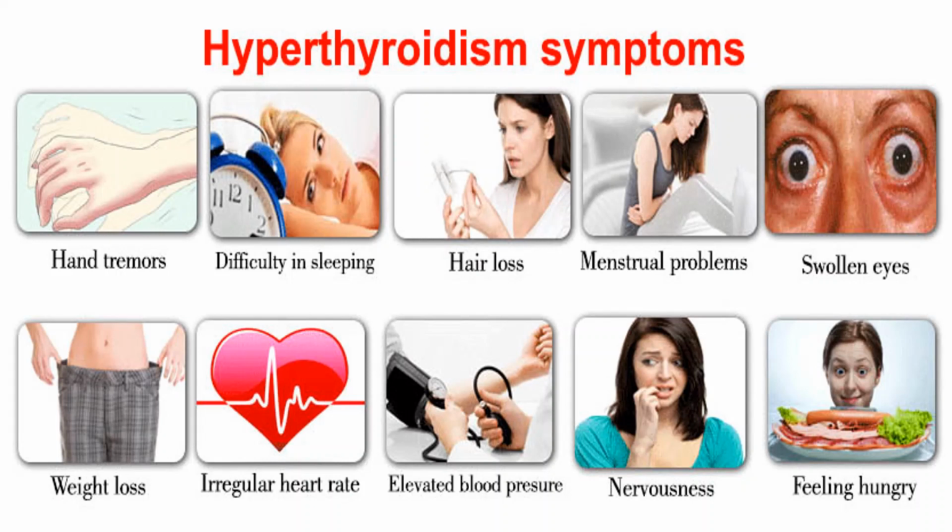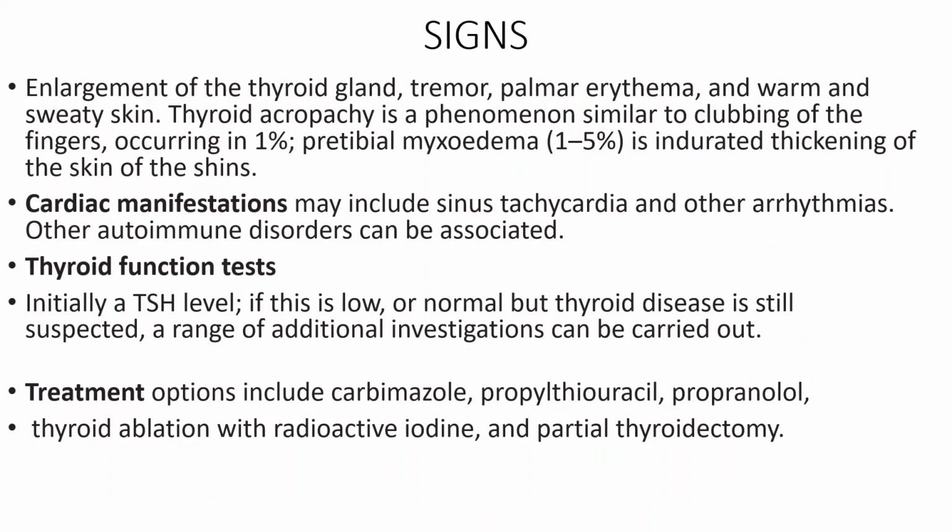And you can see generally the symptoms like hand tremors, difficulty in sleeping, hair loss, menstrual problems, eye problems, weight loss, irregular heart rate, elevated blood pressure, sometimes nervousness, and feeling hungry, but then again the weight loss with a good intake.